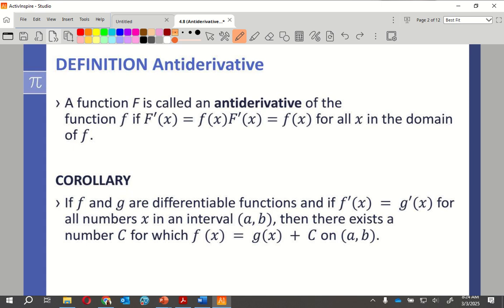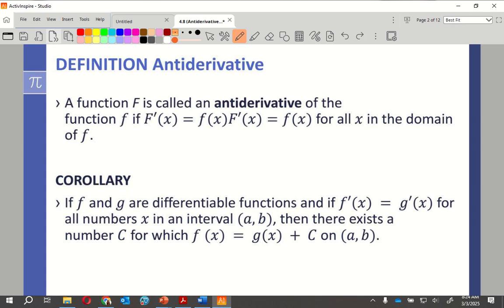Definition of an antiderivative. A function, capital F, is called an antiderivative of the function lowercase f if capital F prime of x is equal to f of x for all x in the domain of f. Now, does anyone understand what that means?